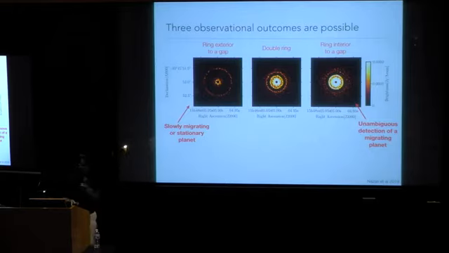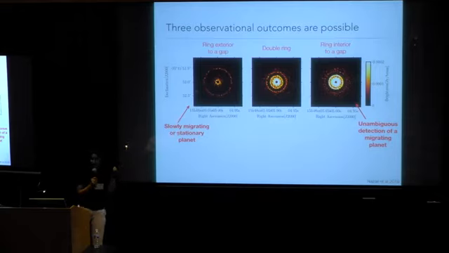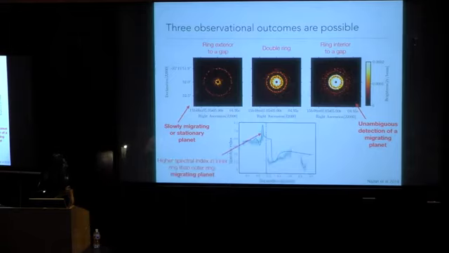But then you could ask the question, well, what's the difference? If you see a double ring, how do you know that it's a migrating planet versus a low mass planet in a disk which can form multiple gaps and multiple rings, or two planets in a disk? Well, the answer comes when you actually look at the spectral index.